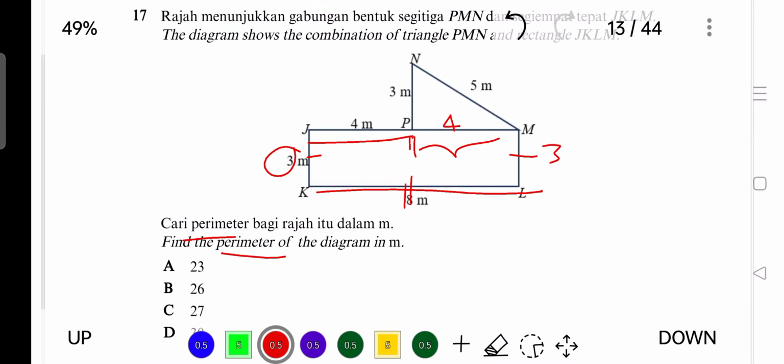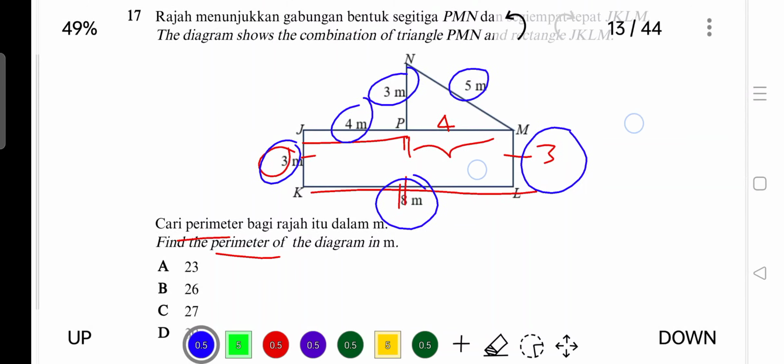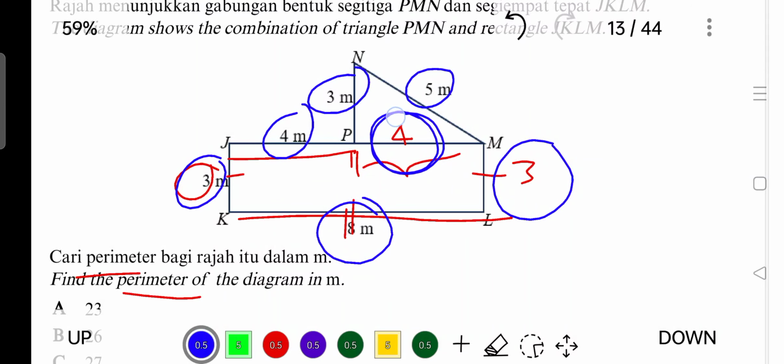So they want the perimeter. What we're going to do is take 8 plus 3 plus 5 plus 3 plus 4 plus 3. We are never going to add this 4, right? Because it is in the middle of the house. I will always tell my students, perimeter is equivalent to the fence. You don't put your fence in the middle of your house, right? So this is not counted.